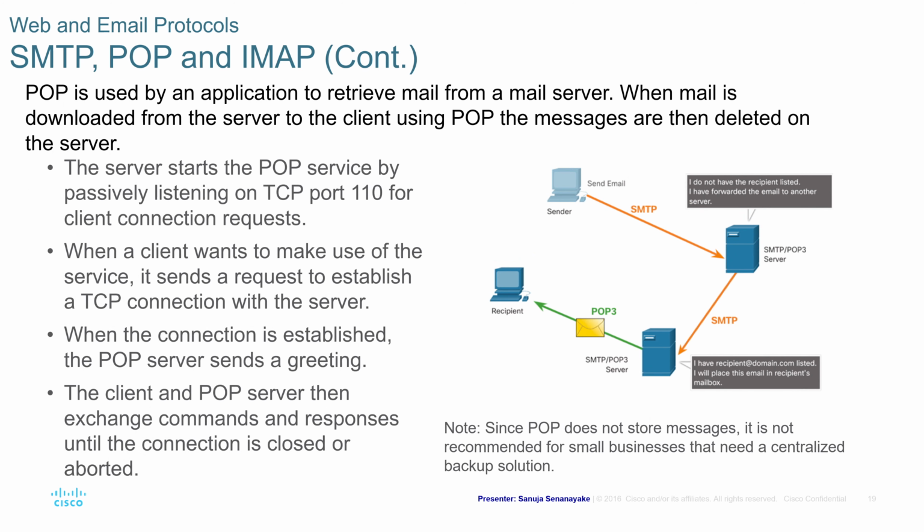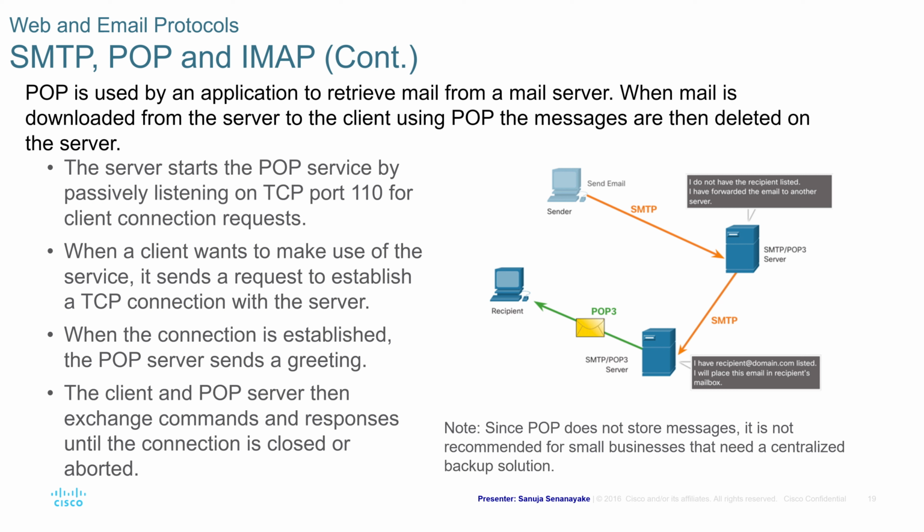So POP is used by an application to retrieve mail from a mail server. When mail is downloaded from the server to the client using POP, the messages are then deleted on the server. The server starts the POP service by passively listening on TCP port 110 for client connection requests.